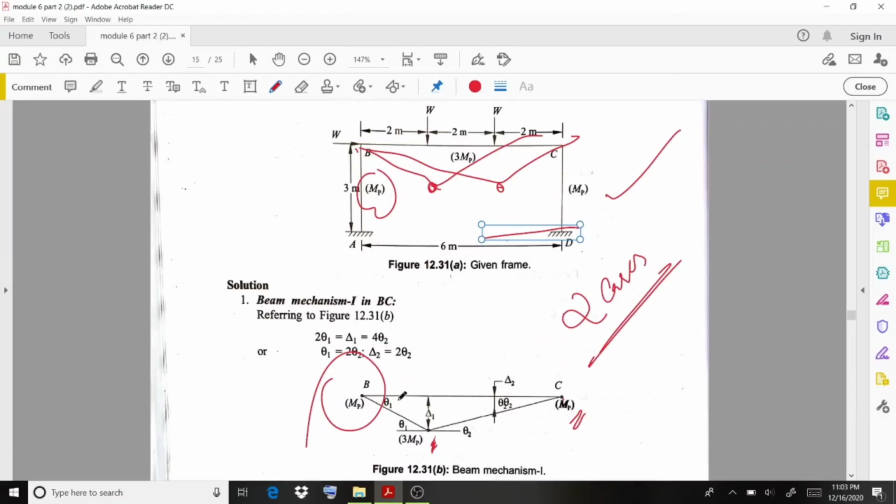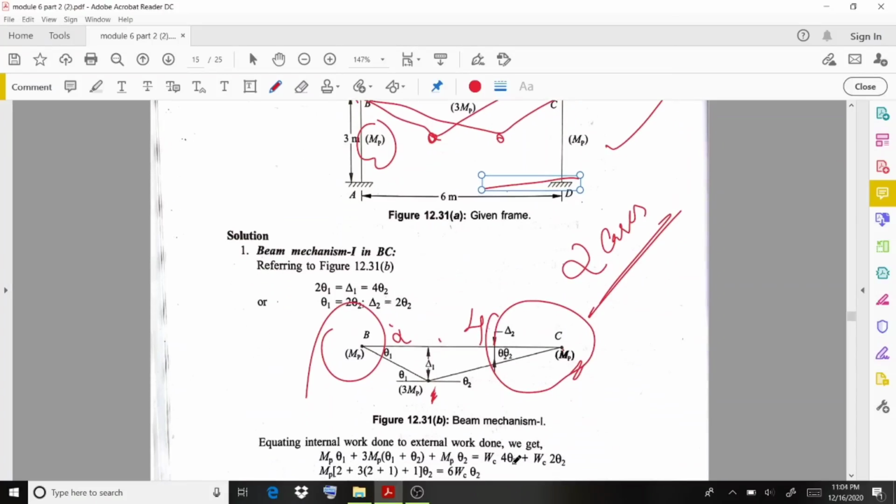If you equate those triangles, 2 theta 1 equals delta 1 equals 4 theta 2, since this distance is 2 and the remaining distance is 4. Then theta 1 equals 2 theta 2. Considering only this small triangle, delta 2 equals 2 theta 2.